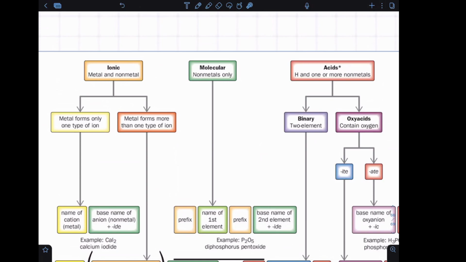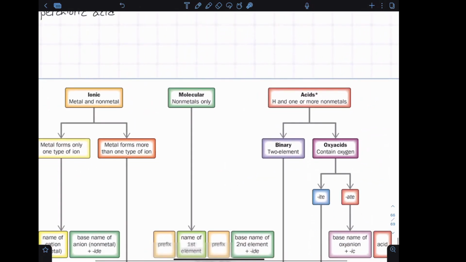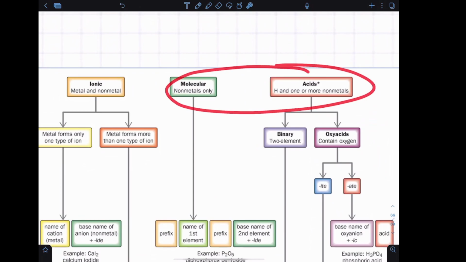If you know that you have a metal and a nonmetal, then it's an ionic compound. If it's only nonmetals, then it's going to be a molecular compound. But if that first nonmetal is hydrogen, then it's going to be an acid. So that's one thing you've got to look out for between molecular compounds and acids.